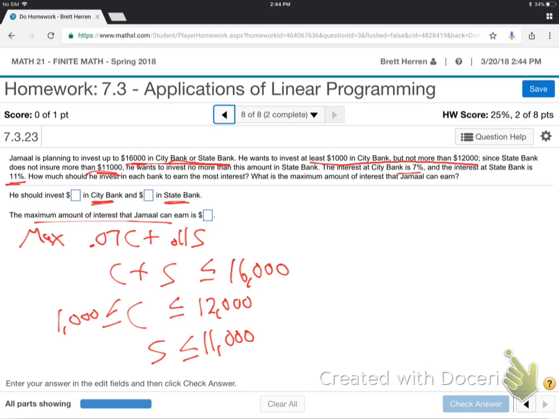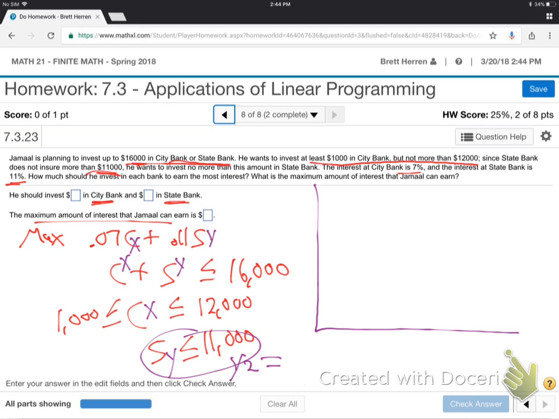So when you go to graph that, let me show you something about graphing and we'll be done. Remember this is x, y. This is x. This is y. So this one you can put in your calculator. That'll be y2 equals 11,000, which will be a line at 11,000 on your calculator.